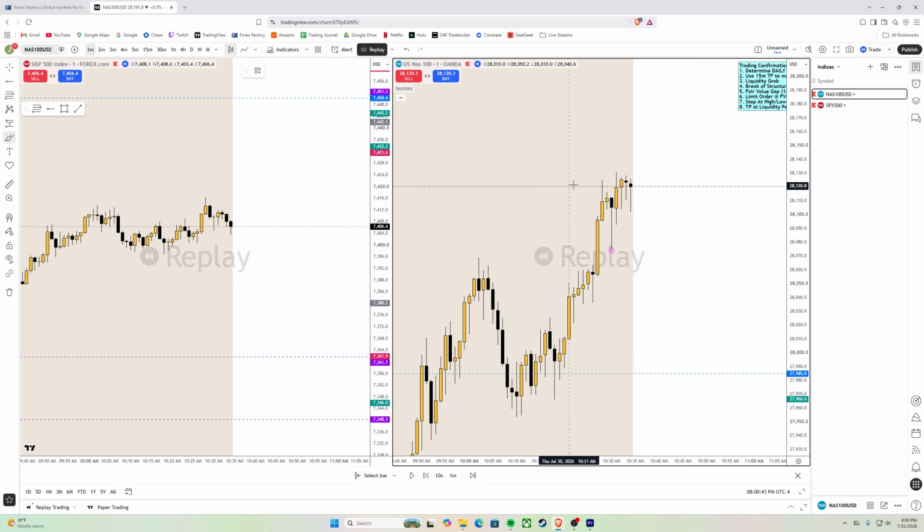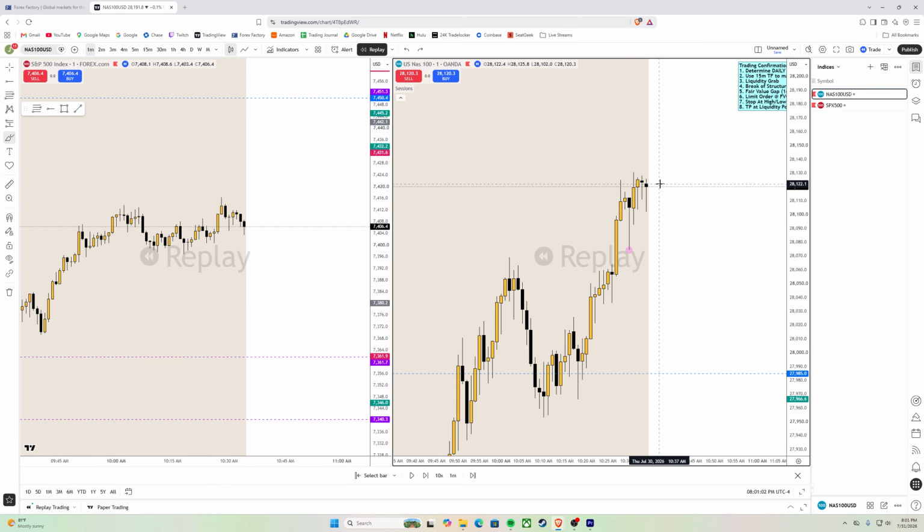Okay, so remember this wick right here, this made the high, and then after that you see a gold candle, no big deal, and then you see the first bearish candle after the high is made. So because you're seeing a bearish candle here, this is the first bearish candle. Now I need to see every candle after this bearish candle be consecutive bearish candles to push under here and leave a fair value gap in order for this to be a legitimate setup.